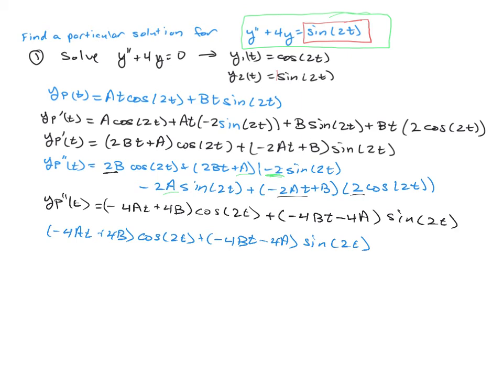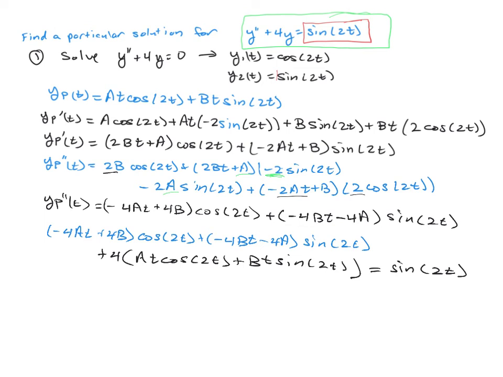And then our equation has a plus 4 times the y, which is at cosine 2t plus bt sine of 2t. And that must all equal out to our forcing term, which is the sine of 2t.